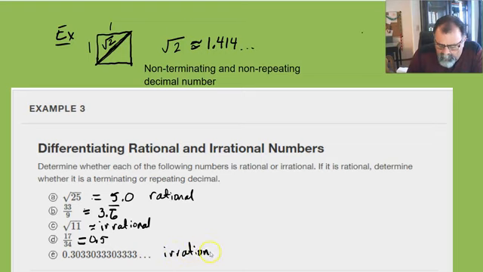When we say repeating, we mean like 2 digits repeat forever or 3 digits repeat forever. But here you can't say 3 repeats because then it would be 3333. You can't say 303 repeats because that gets messed up. You see? So that would not be considered a repeating decimal.